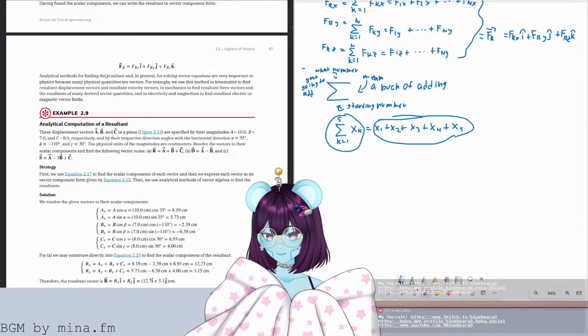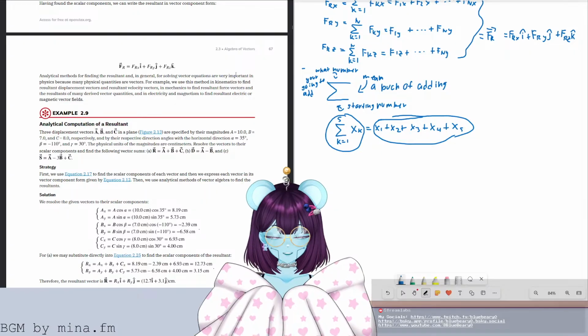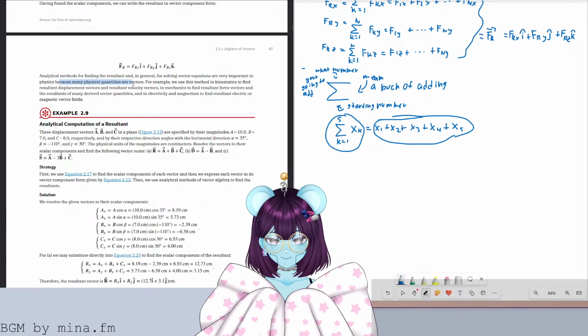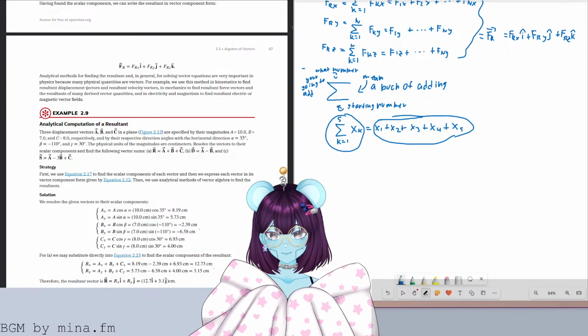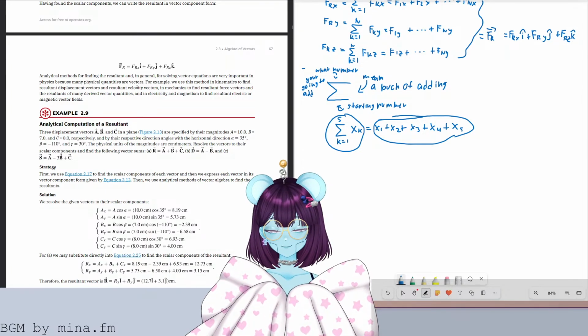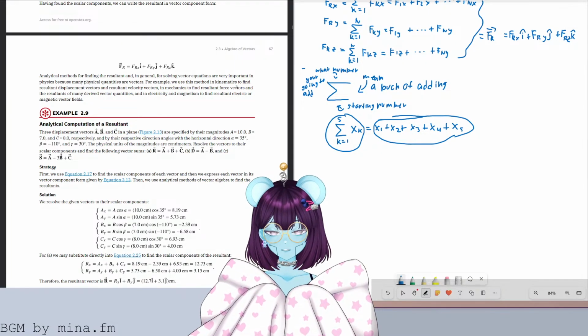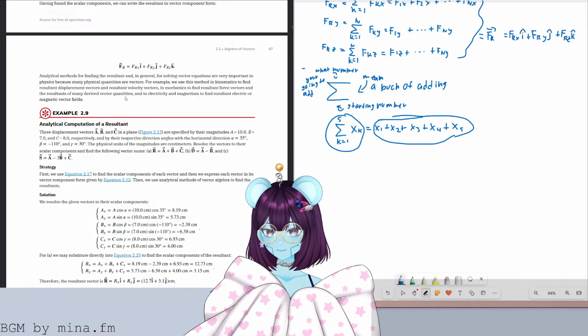Analytical methods for finding the resultant and, in general, for solving vector equations are very important in physics because many physical quantities are vectors. For example, we use this method in kinematics to find resultant displacement vectors and resultant velocity vectors. In mechanics, to find resultant force vectors and the resultant of many derived vector quantities.